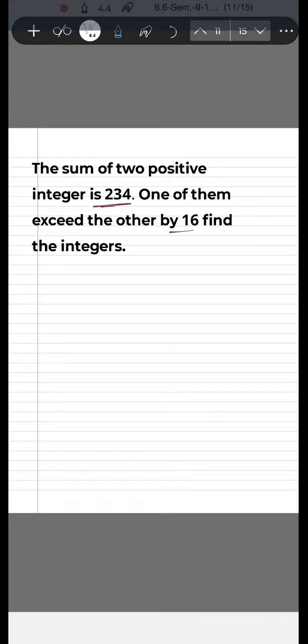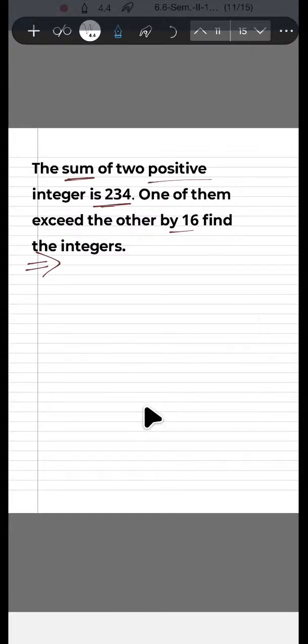It's a very easy and simple question we have. So how can we solve that? It is a word problem. So very first, when a word problem comes, you have to convert the statement into the form of an equation.